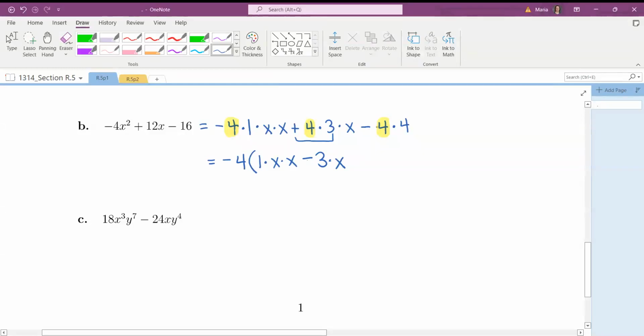And then moving on to the last term, you've got a negative 16 here. Negative 16 divided by negative 4 is going to be positive 4. I probably didn't need to break down the numbers to the level that I did, meaning I could have just left it like this.